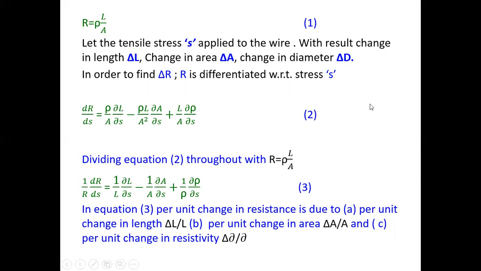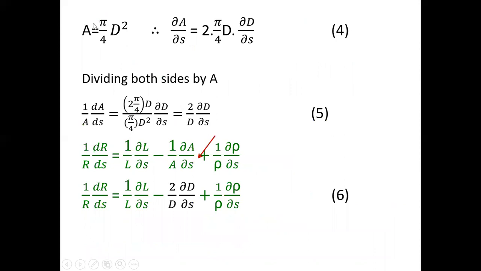What is A? A is pi by 4 d square. dA by dS is 2 pi by 4 into d, dD by dS.